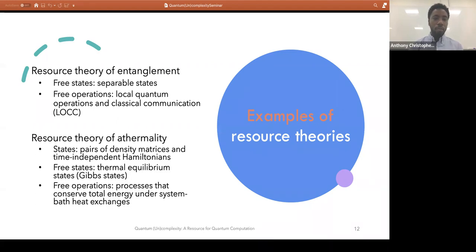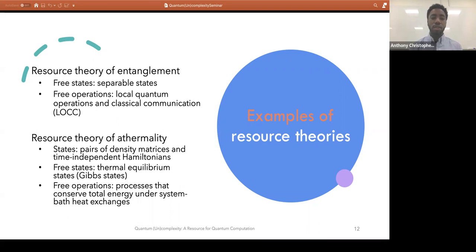Okay. So moving from quantum information to thermodynamics, there is a resource theory of athermality. In this resource theory, our states are going to just be systems defined as pairs of density matrices of states and time-independent Hamiltonians that determine the evolutions of those states. Our free states will be states in thermal equilibrium, otherwise known as Gibbs states. And our free operations will be those processes that conserve total energy under system-bath heat exchanges.